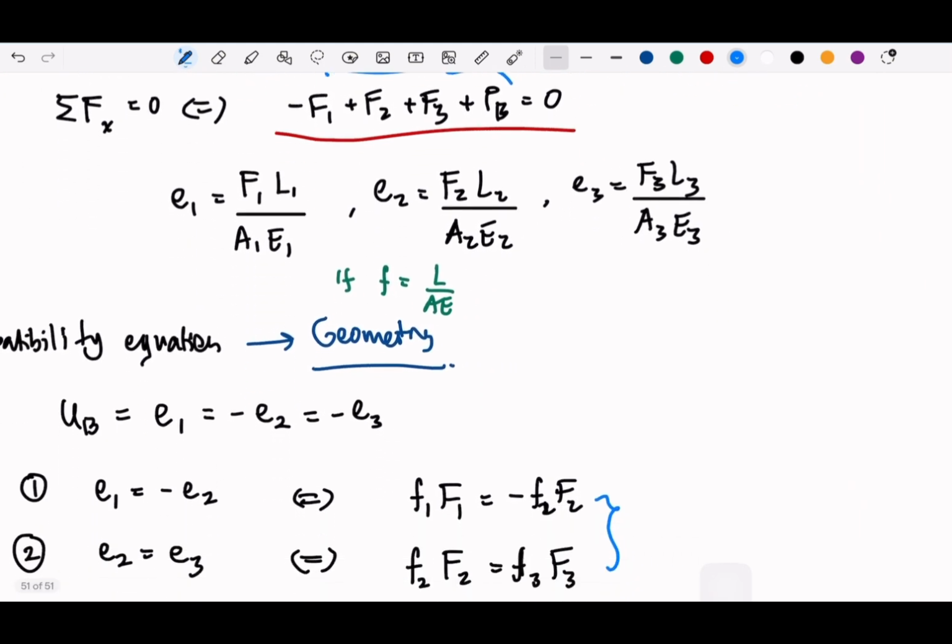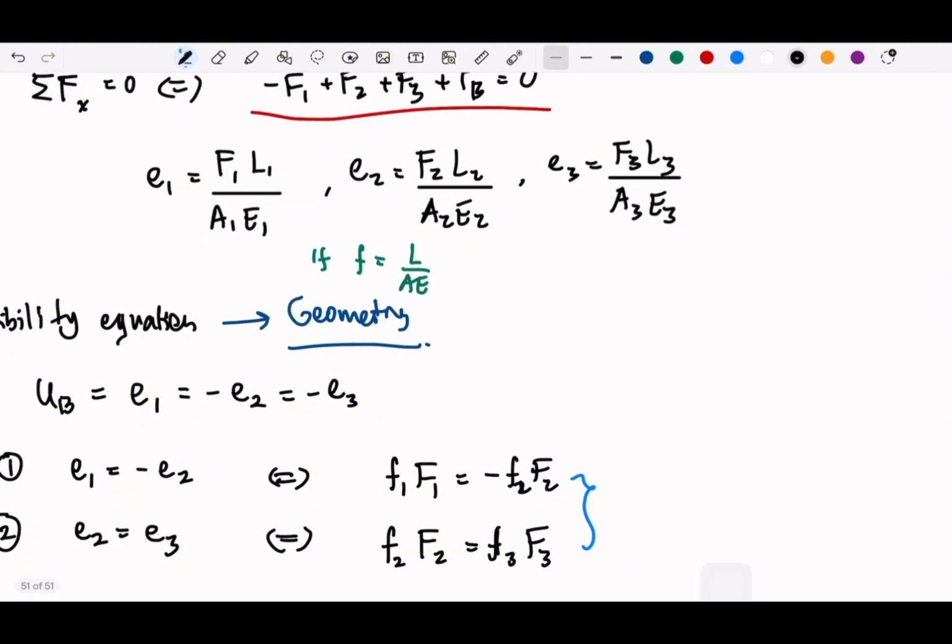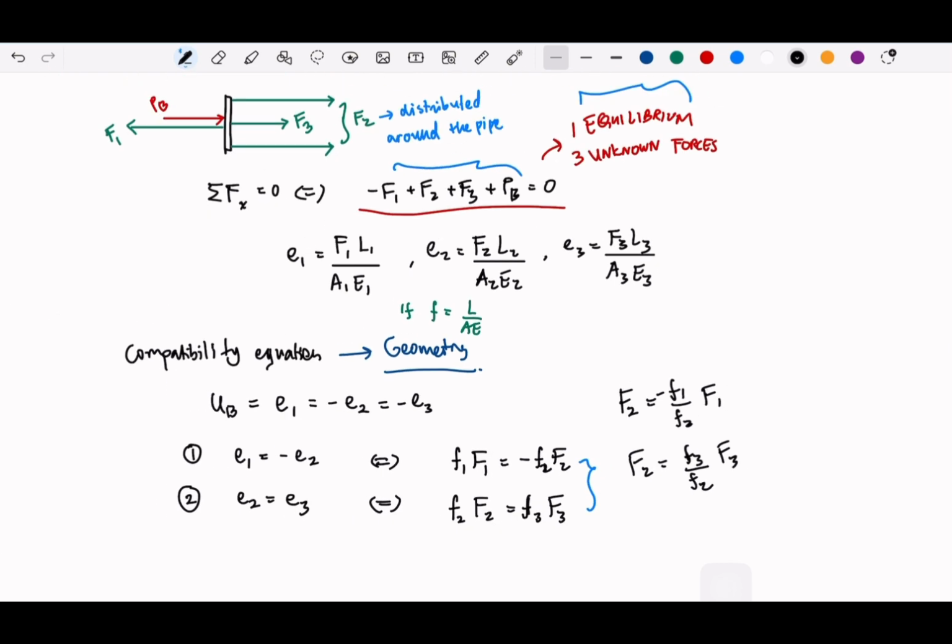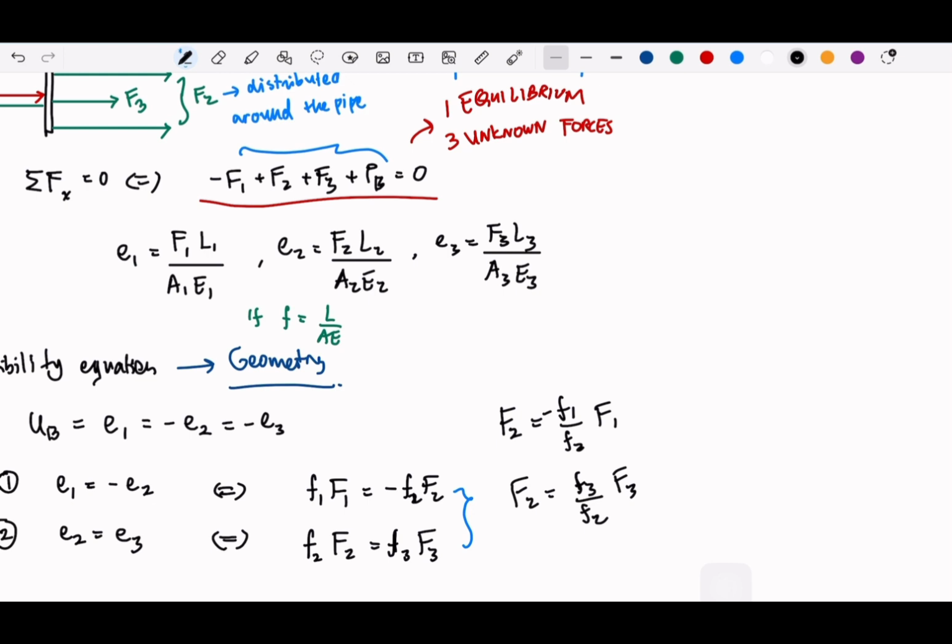So we could perhaps change all into F2, okay, that we have F2 will be, with F1 over F2 times F1 minus, and F2 is also F3 over F2 times F3. Okay. So we can use this to substitute into the equilibrium that we have.